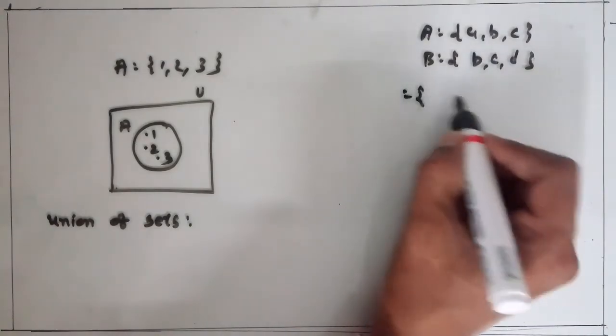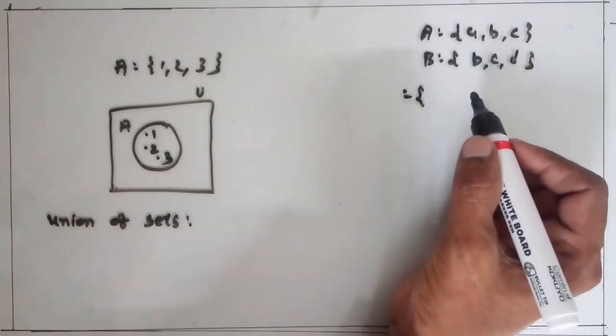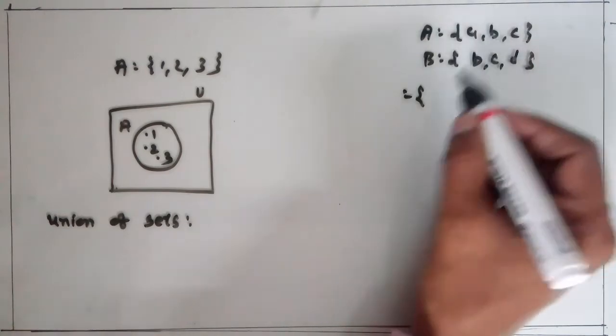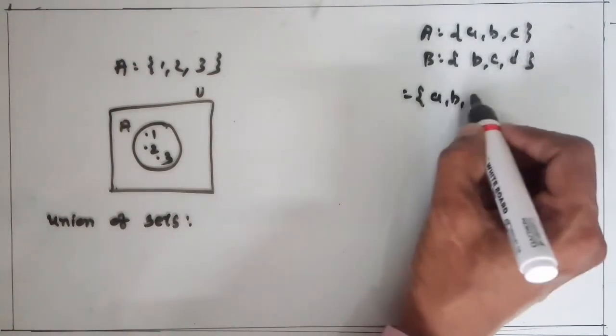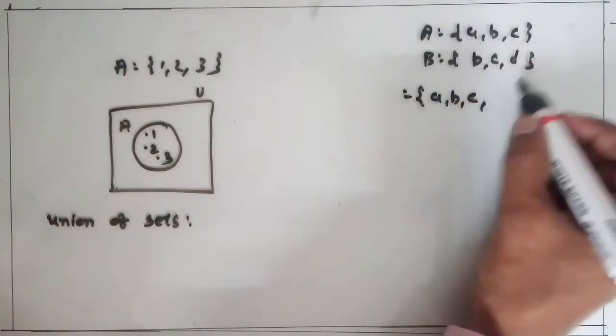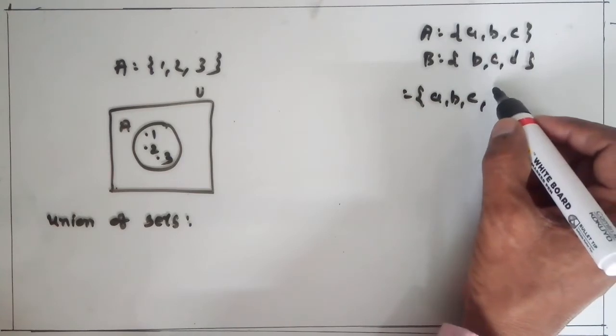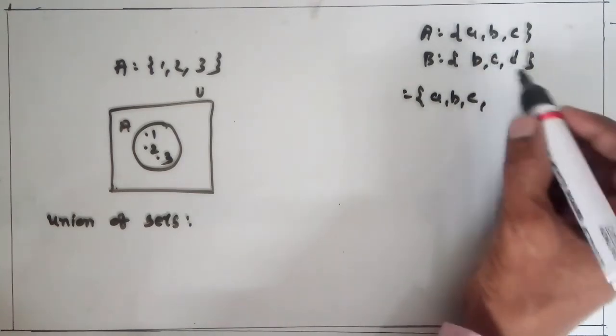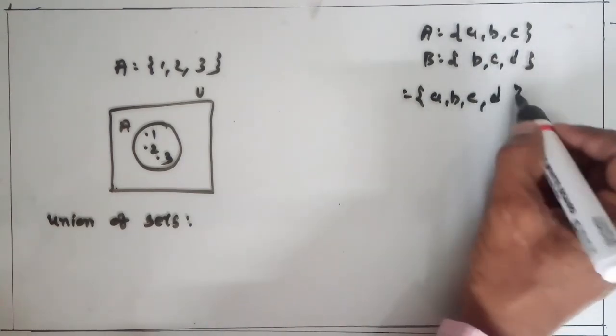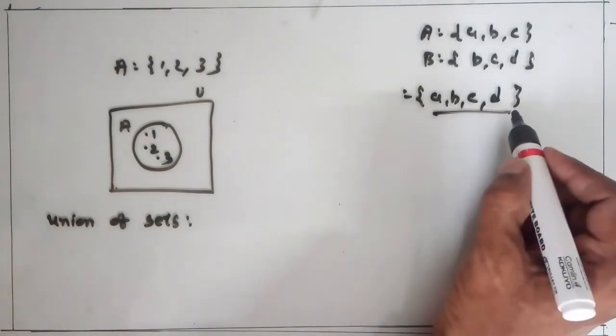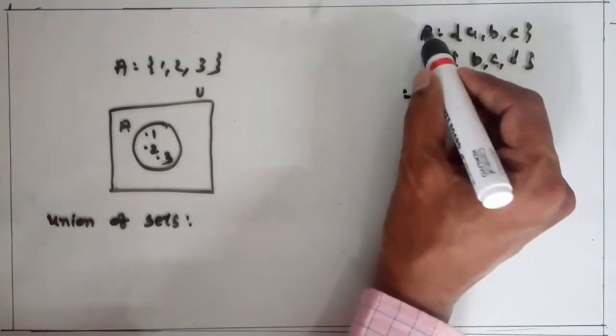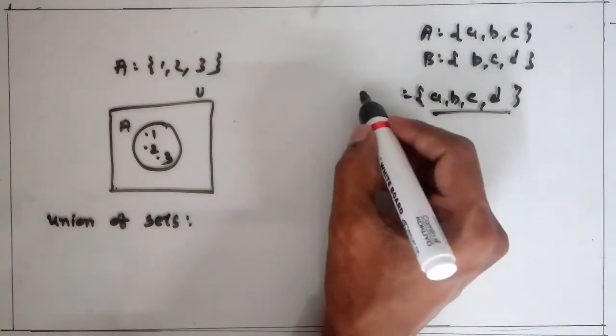If we create a new set which contains all elements of A and all elements of B, then this set is called the union of A and B.